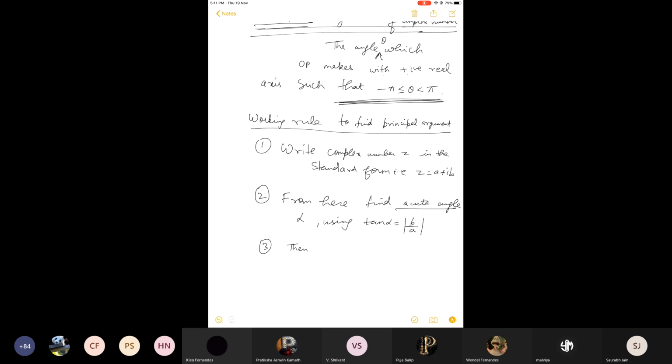Then the principal argument is the third and final step. The principal argument is: first, alpha if z is in the first quadrant. Pi minus alpha if z is in the second quadrant.